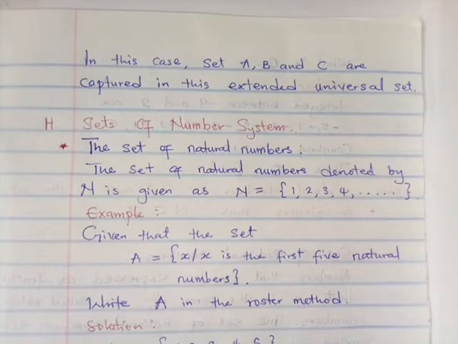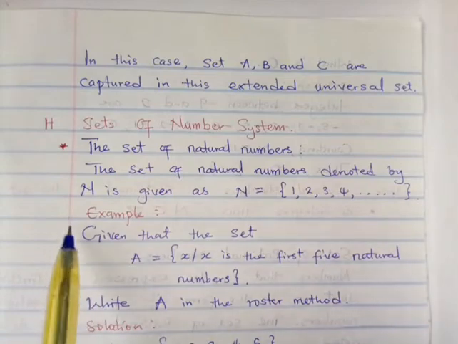We can extend the universal set by adding other elements like 5, 7 to the right, and adding other elements like -5, -6 to the left. That set will become a set of integers, and we'll discover that sets A, B, and C are still contained in that universal set. So we call this latter set of integers an extended universal set for sets A, B, and C.